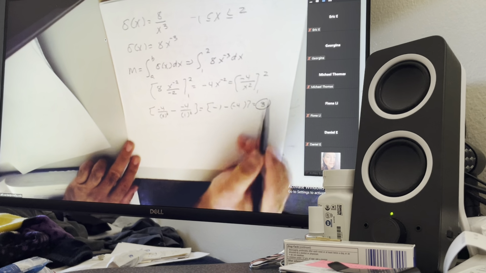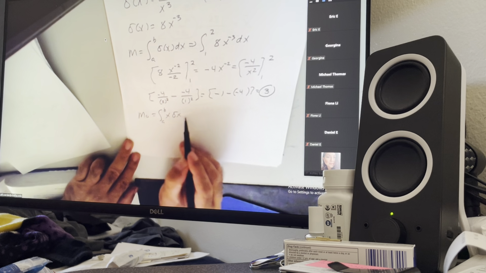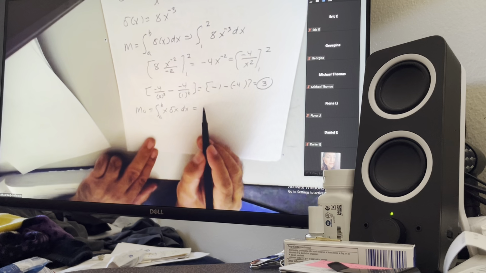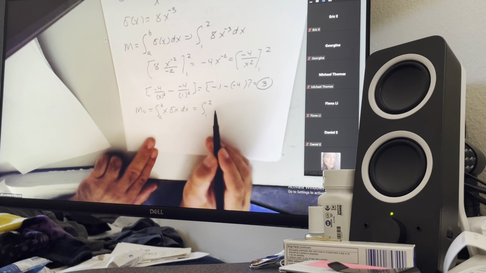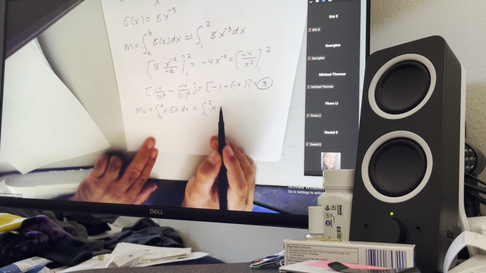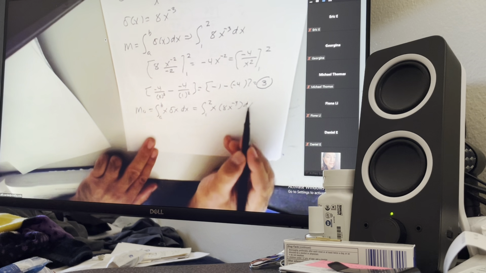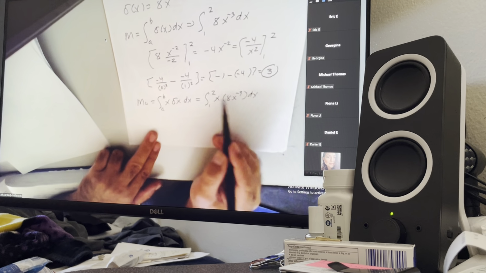So that's +3. Okay, we need to find the moment at the origin. The formula is the integration from a to b of x times density, that's the thickness. So this will be 1 to 2, x times 8x to the -3 times dx. We want to combine these two.